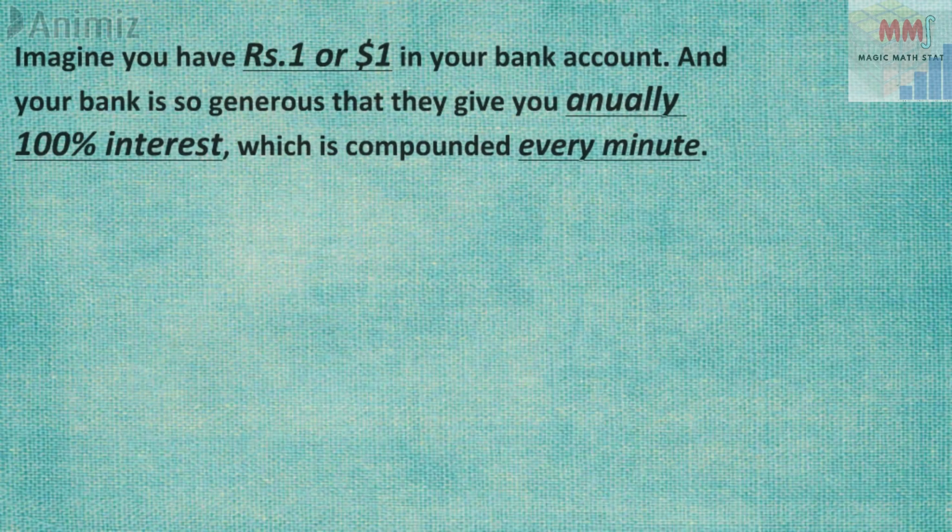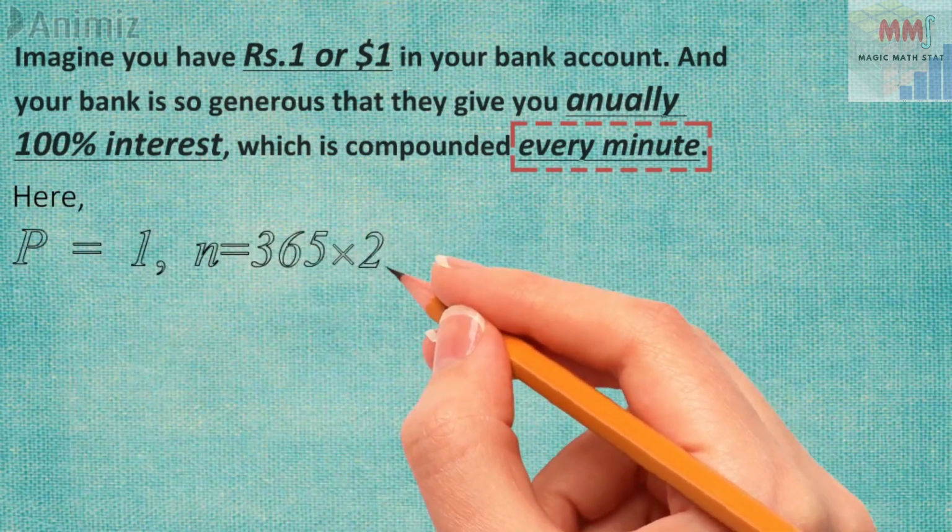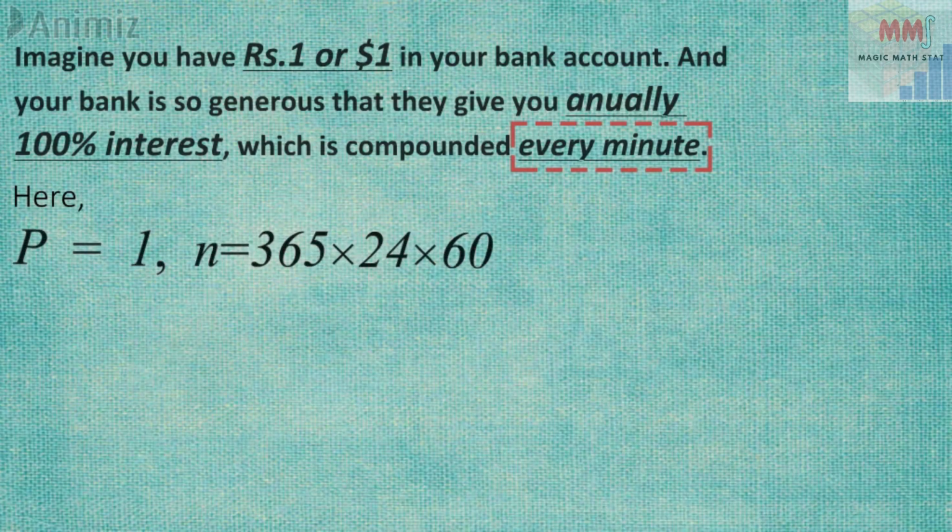Now I will compound the interest every minute. So in a year you get 365 days, in a day you get 24 hours, in an hour you get 60 minutes. So the total number of time periods n equals to 365 multiplied by 24 multiplied by 60. P stays same, which is p equals to 1.